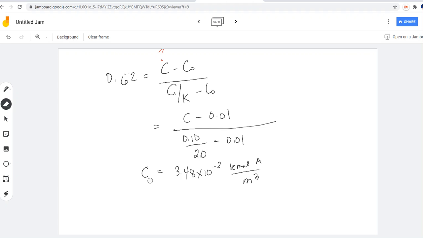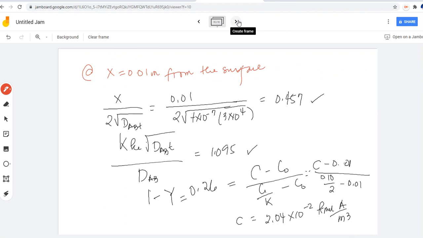Okay, so in this case we have determined the concentration right on the surface at 30,000 seconds, and the concentration 0.01 meter from the surface.